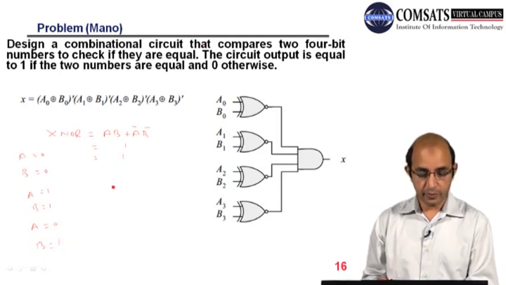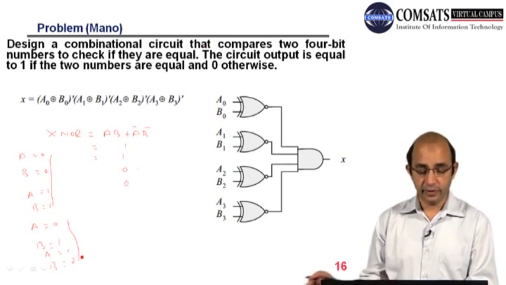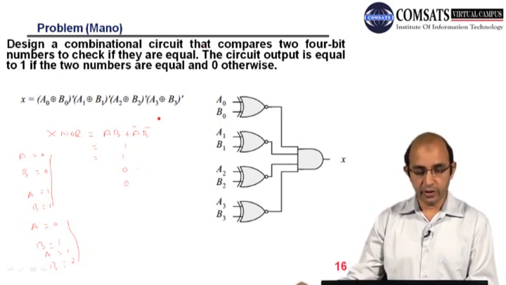So if I put here, you can see we will be having 0. And if A is equal to 1, B is equal to 0, I will be having 0 again. So these are the possibilities when we have both A and B equal, and these are the 2 possibilities where the 2 bits are not equal. So this is the logic.